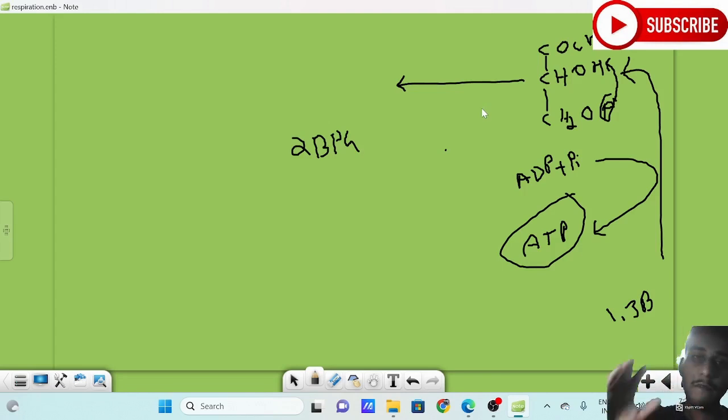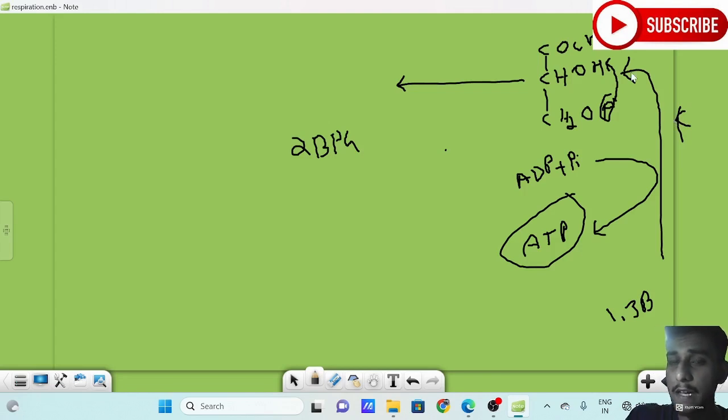So from 1,3-BPG to 3-BPG, the enzyme here is phosphoglycerate kinase. We know that kinase is an enzyme which adds a phosphate group. The name of the enzyme is phosphoglycerate kinase, meaning it is adding a phosphate.